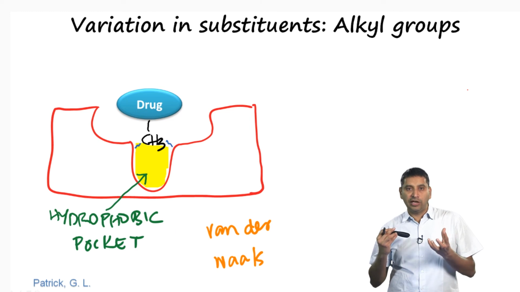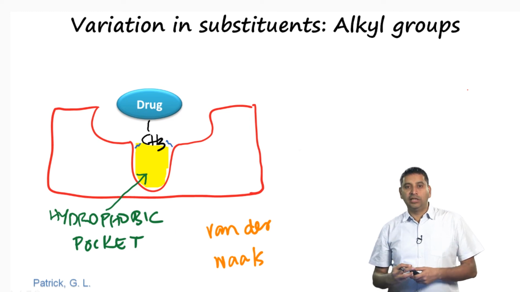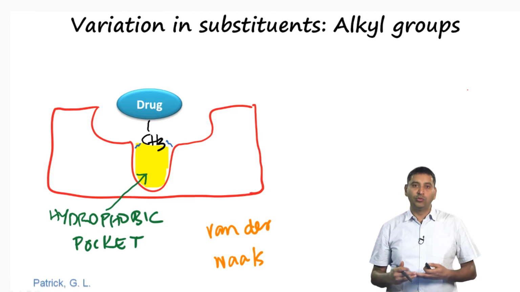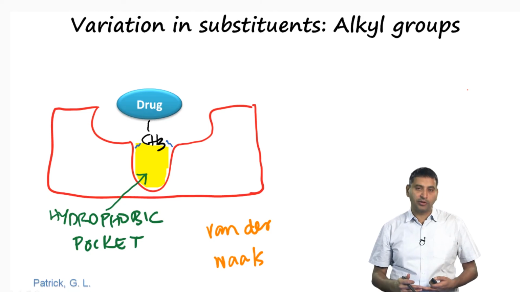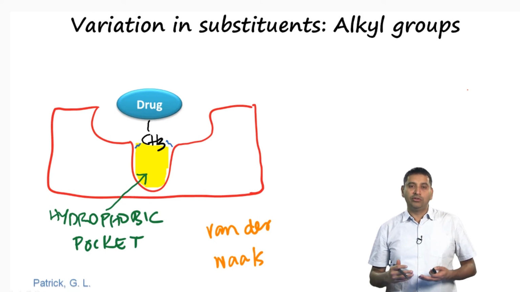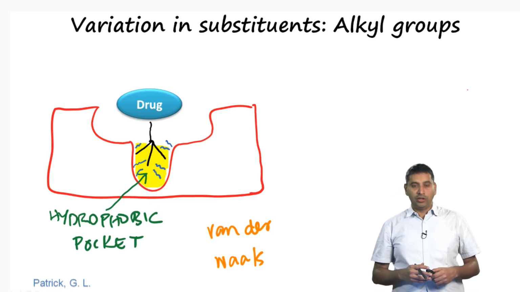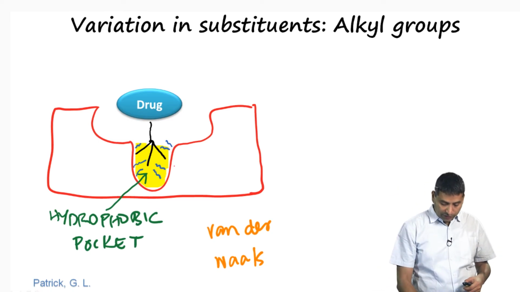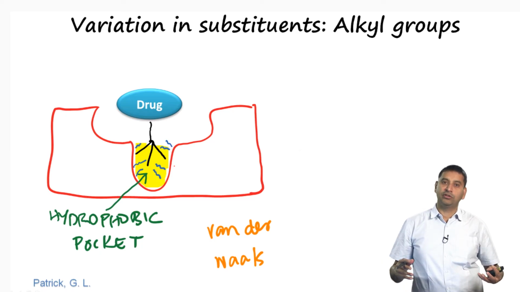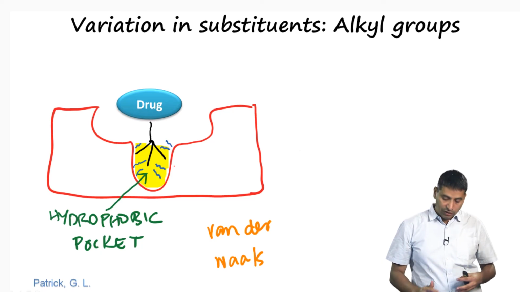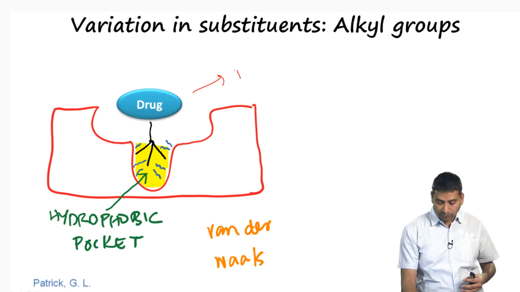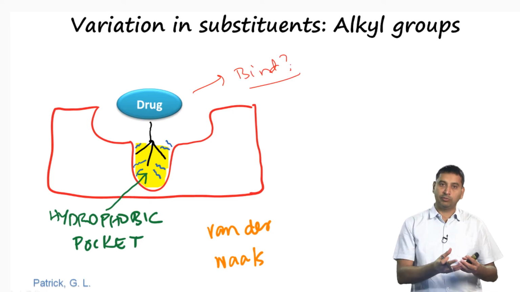Now, if this hydrophobic pocket is important, then one could design a compound where you can extend the chain so that you can improve the binding to the hydrophobic pocket. So, what we would do is to convert the methyl group for example into a tertiary butyl group. Right. So, in doing so, what we have done is to increase the number of van der Waals interactions that could occur. So, now the question is, will this bind better, and that can be answered by doing the experiment.